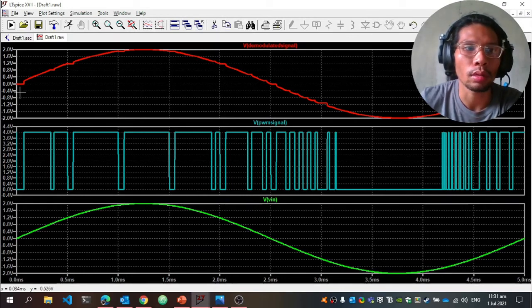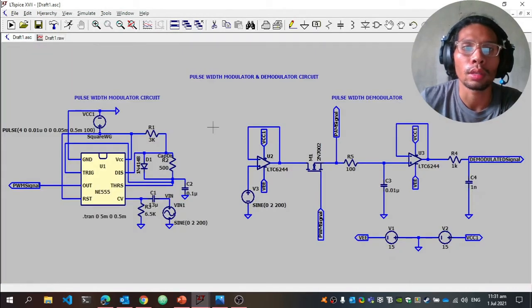We also observe that there are ripples on the demodulated signal since the circuit has minor errors that result in distortion of the demodulated signal, but the circuit is successfully designed and simulated.